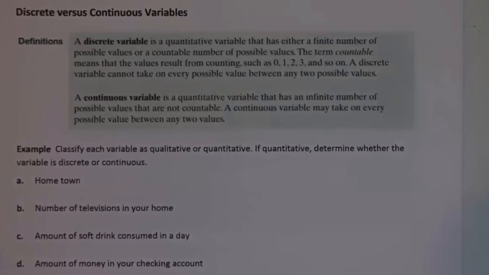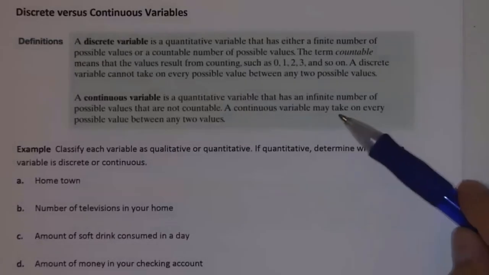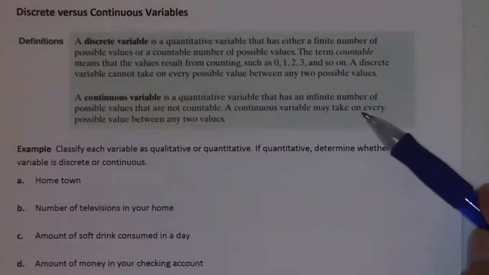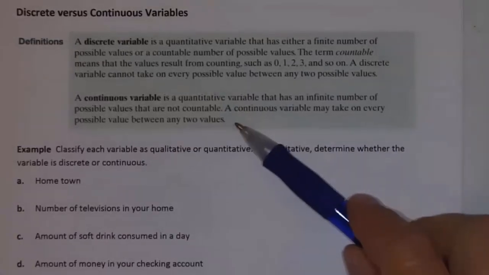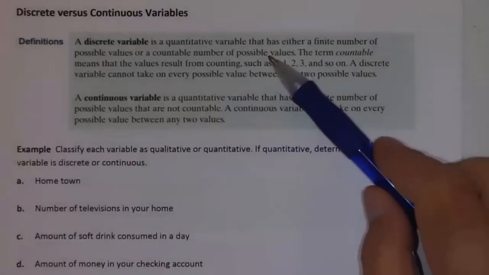You would have to measure it some way. You might add the contents of one bottle of water to the contents of a cup of water, but you don't count the ounces of water, for example. You have to measure those. So the volume of water that you consume tomorrow is a continuous variable, not a discrete variable.